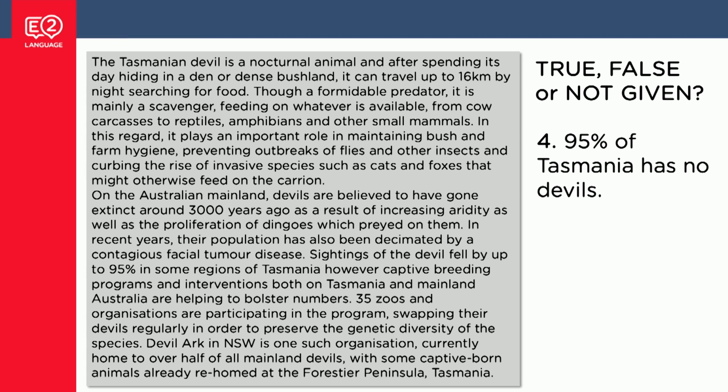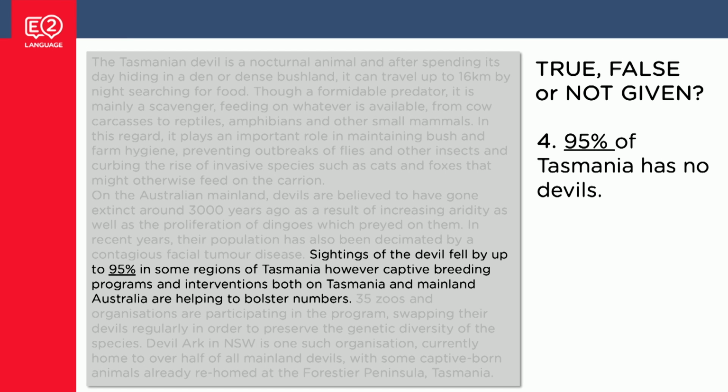Question 4. Bit tricky this one. 95% of Tasmania has no devils. Keyword here, 95%. It's easy to find this word in the text. And we read around it. Sightings of the devil fell by up to 95% in some regions of Tasmania. However, captive breeding programs and interventions both on Tasmania and the mainland Australia are helping to bolster numbers.